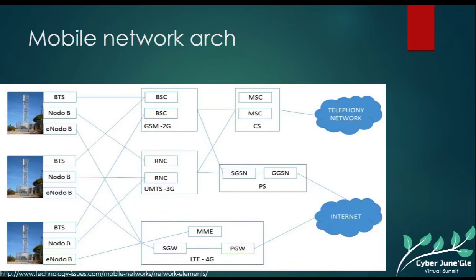The next one is the circuit switch network, or CS network. The CS core network handles your voice and SMS. The third segment is the packet switch network, or PS, which is responsible for bringing your internet connection.